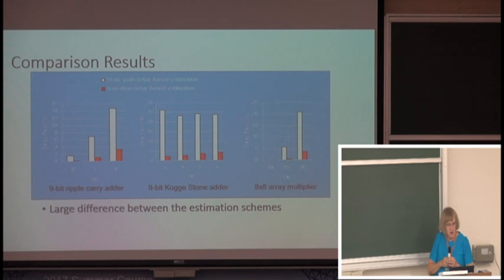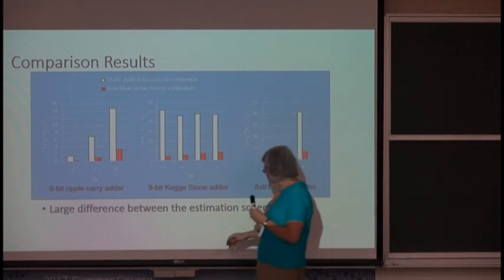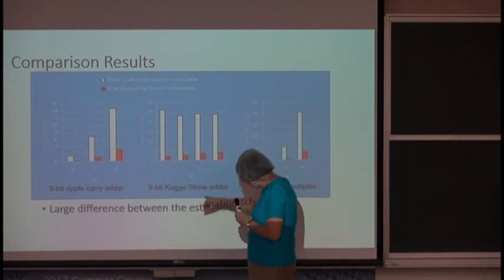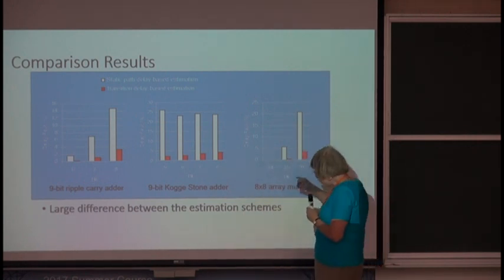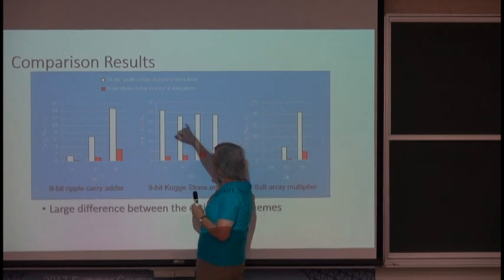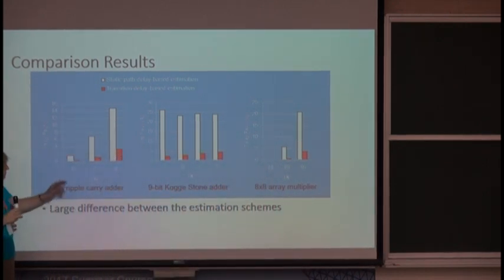So this plot compares the static model, which doesn't look at the previous values, to Sion's model, which does. These are for different arithmetic algorithms: triple carry, Kogge-Stone, and array multiplier. And you can see that the static delay estimate is much more pessimistic, much bigger.